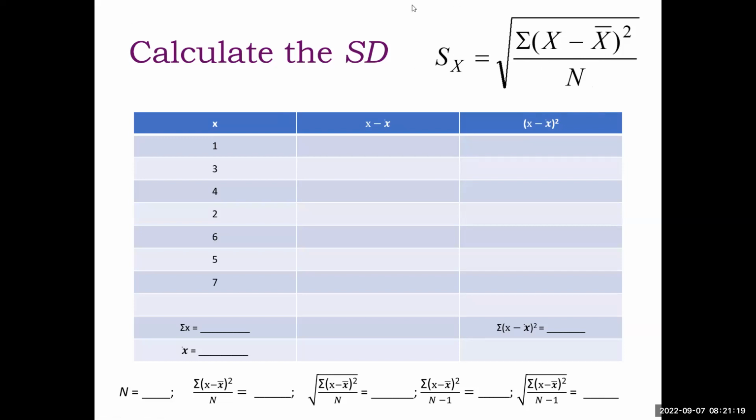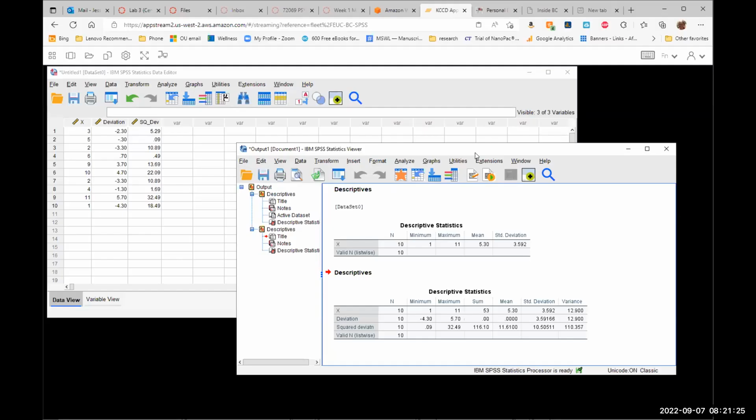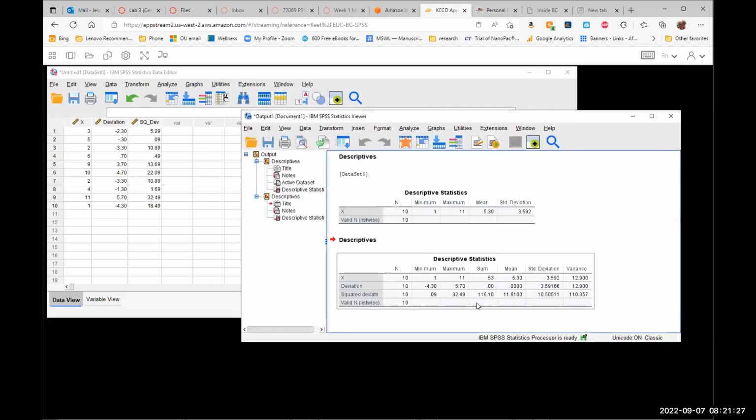So let's go back to our SPSS. Okay, so the sum of squares, the squared deviation, is 116.10.